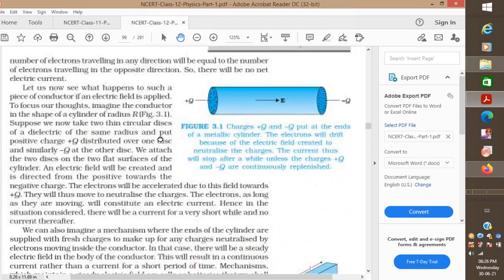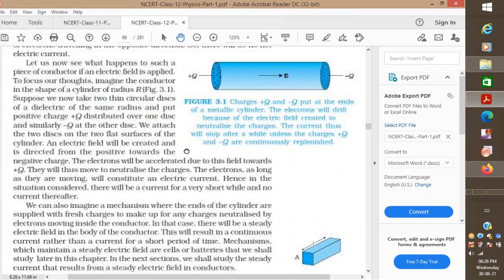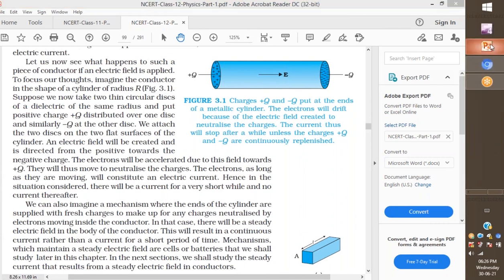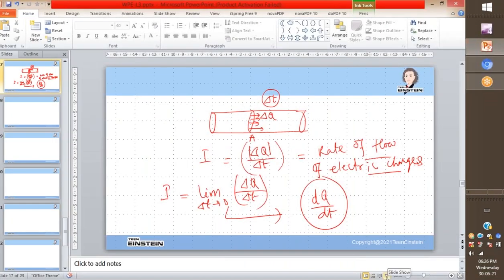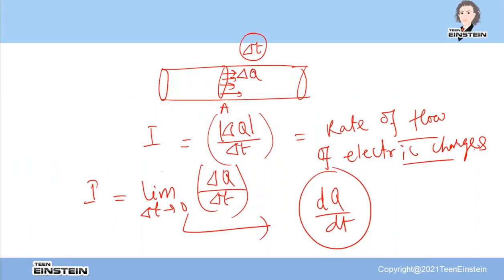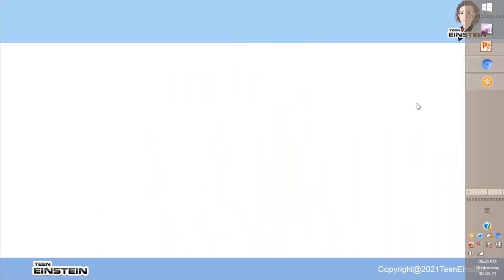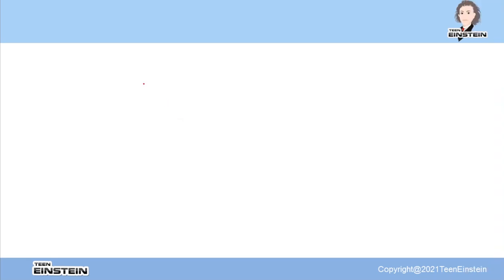Now we'll try to understand one more thing. There are two types of current. One is instantaneous current, and another one is called steady current.